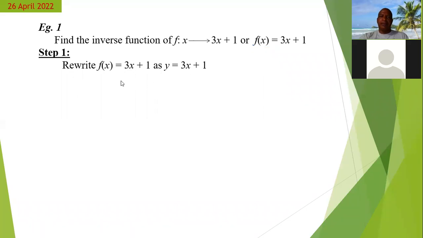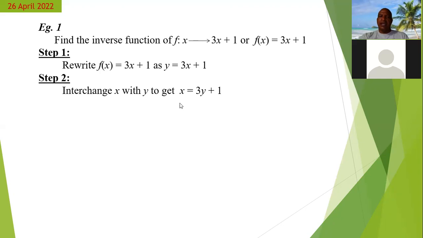Now, the first step: we write our function f of x equals 3x plus 1 in the form y equals 3x plus 1. That's the first thing to do. The second step: we interchange the x with y.